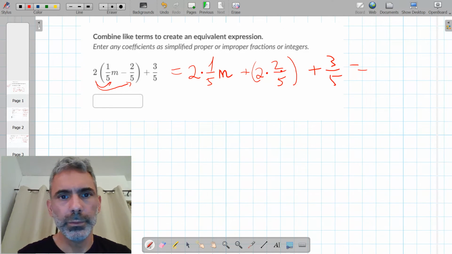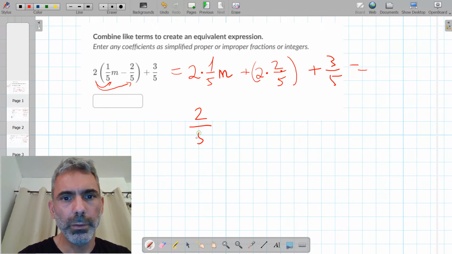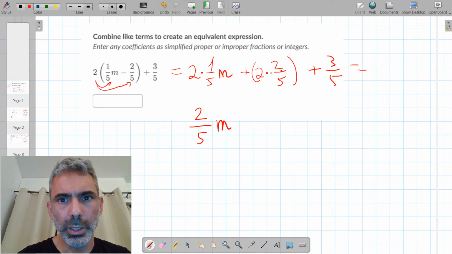So we have 2/5 of m. Sorry, this is a negative 2/5: 2 times negative 2/5. So here we have minus 2 times 2 is 4. So this is minus 4/5 plus 3/5.